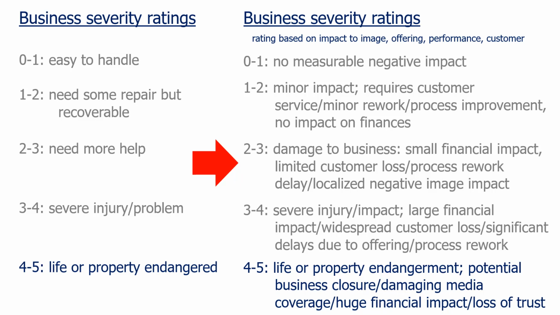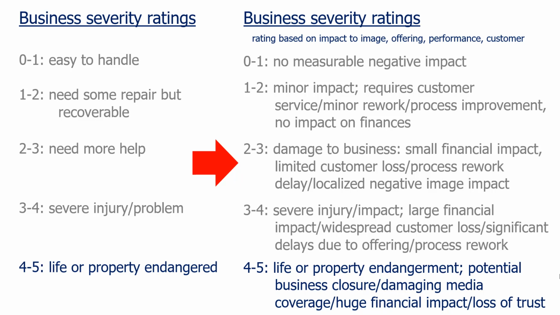In each level, you'll see a detail such as, if a risk falls into this level, it would be because of this or that. For example, if a level 3 risk appears, we expect that risk to damage the business in some way. To remain in level 3 and not go higher into a level 4, the financial impact must be small. Or if there's no financial impact, then the resulting loss of our customer base is very limited.